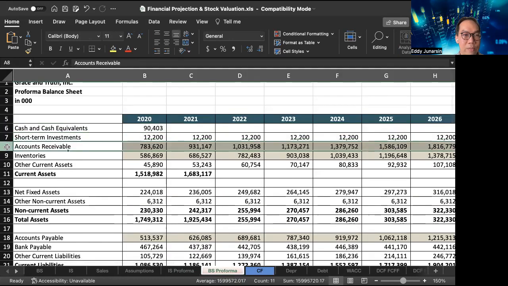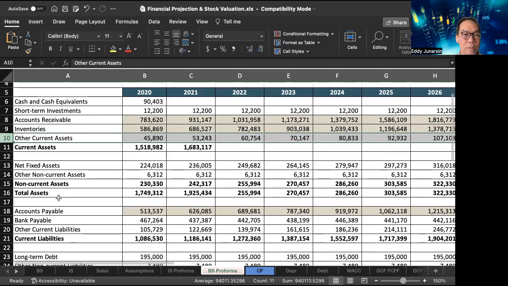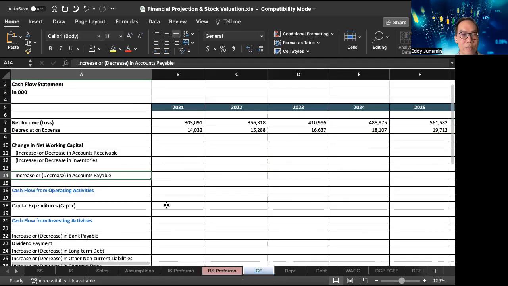Accounts receivable, right? Inventories. Then, yeah, other current assets. And what else? From the current liability side, we have accounts payable and other current liabilities.